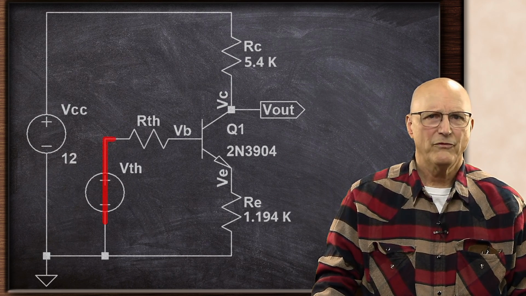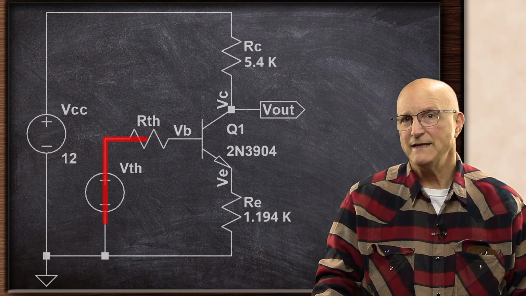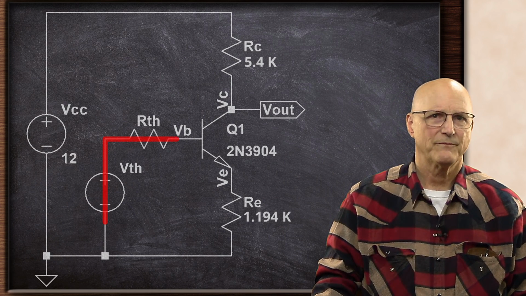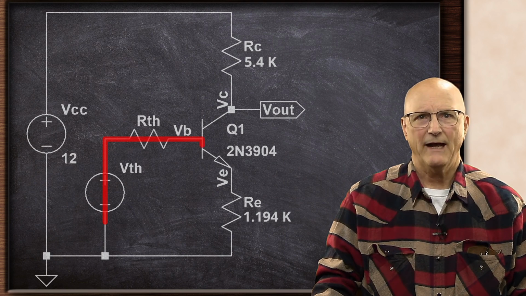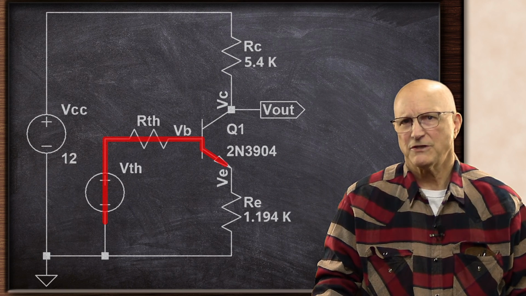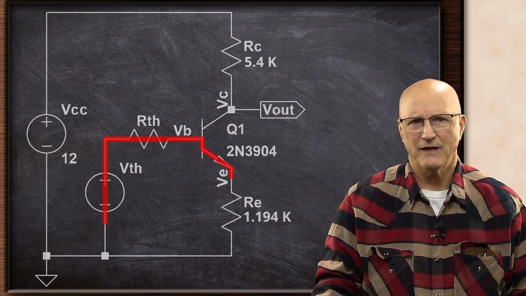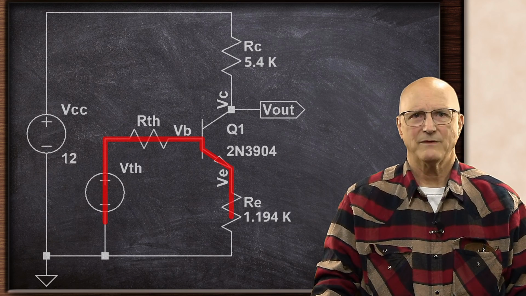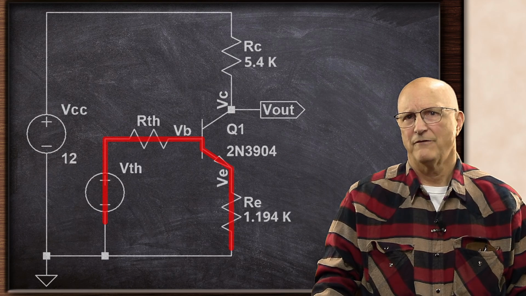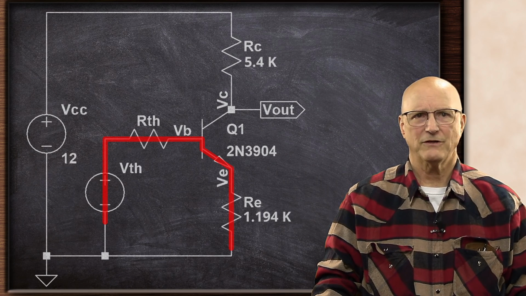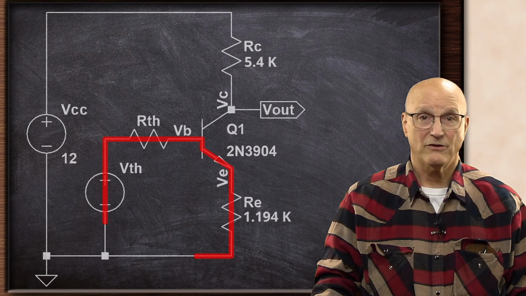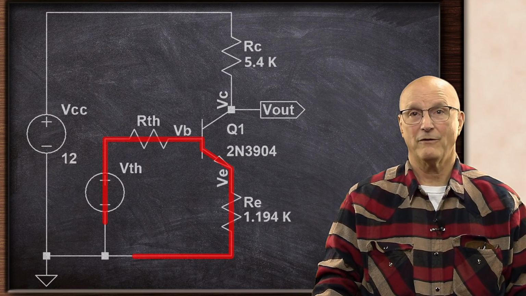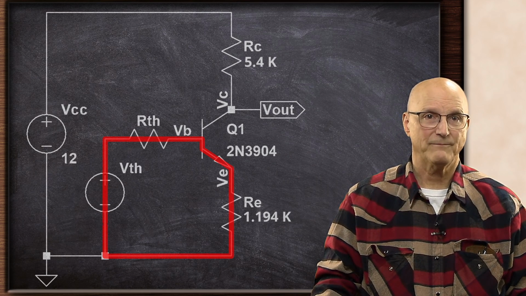We then move through the Thevenin resistance for a negative change in voltage. Continuing on down through the base emitter junction, we have yet another negative change in voltage. And finally, we drop down through the emitter resistor for our final negative change in voltage, and we're back to the voltage source's negative terminal via the ground connection.